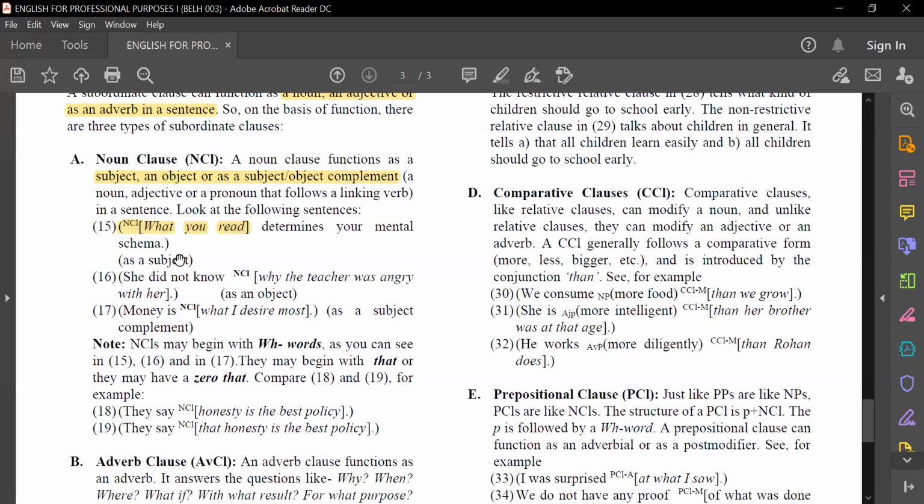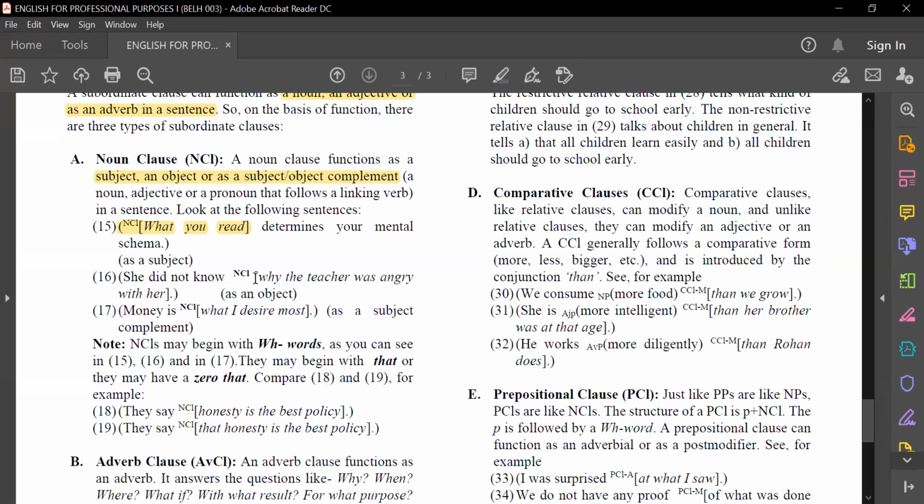So this noun clause has one possibility. The other possibility is that it can work as an object. Now, if it is said that "she did not know why the teacher was angry with her," this whole clause can be an object clause, a noun clause which is working as an object.